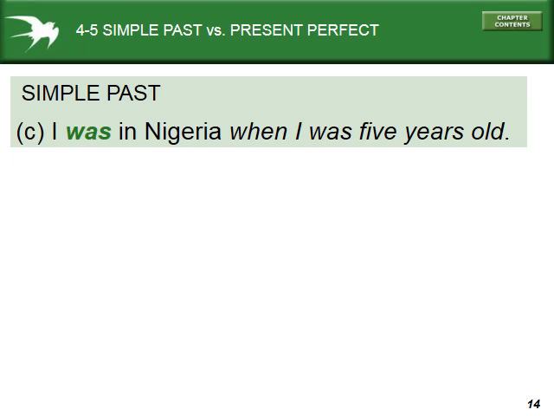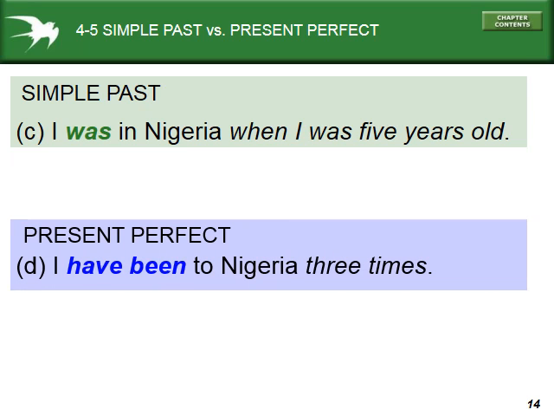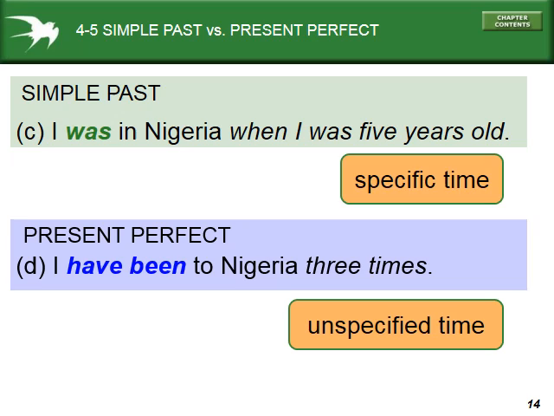So here I say I was in Nigeria when I was 5 years old, and I have been to Nigeria 3 times. So here we have a specific time, when I was 5 years old, and then we have an unspecified time. Okay, so the specific time has to be the simple past. The unspecified time is the present perfect. Again, this is a situation where the simple past can be used in both situations.